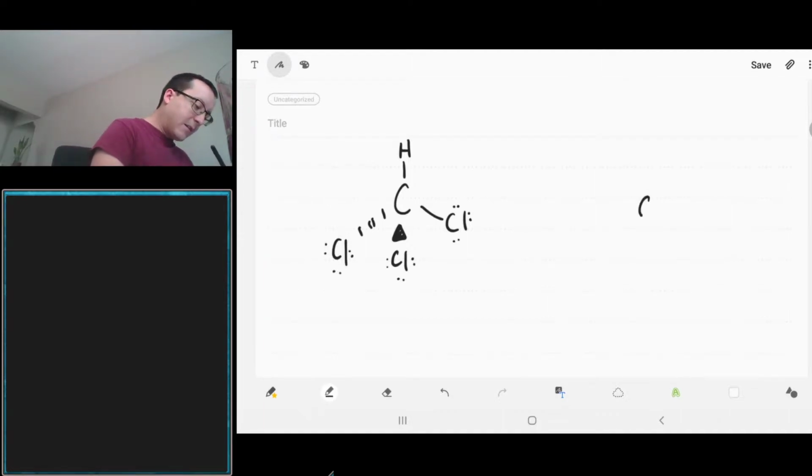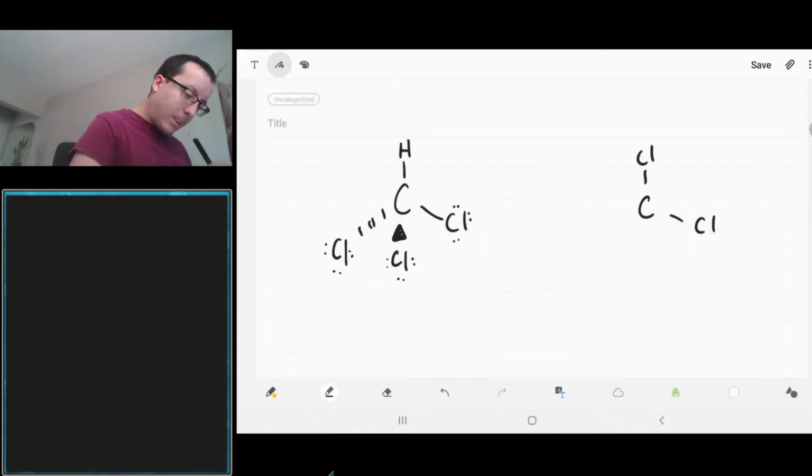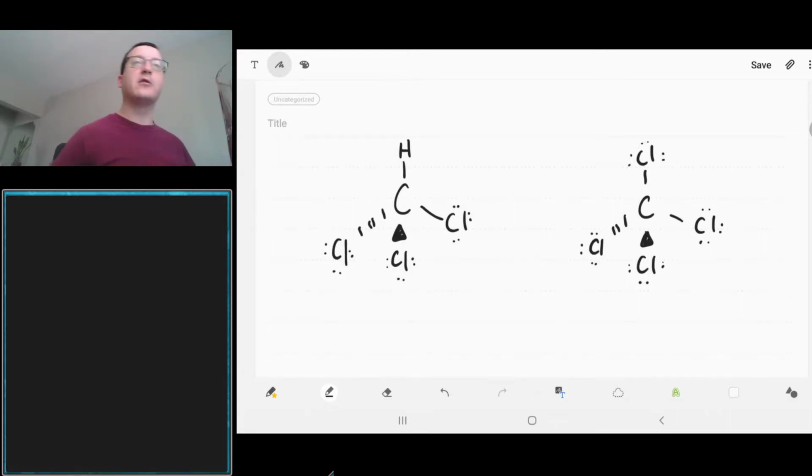We can compare it with carbon tetrachloride. I think it'll be easier actually to look at carbon tetrachloride first, and then we can compare it with the other one.